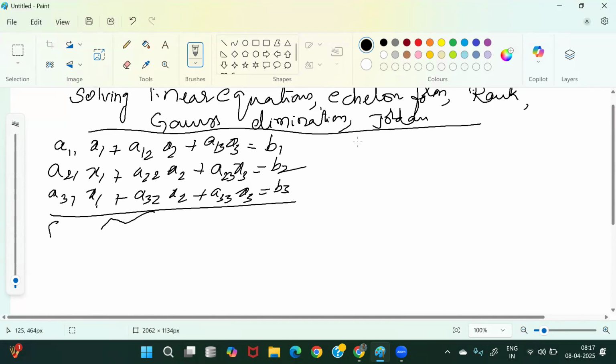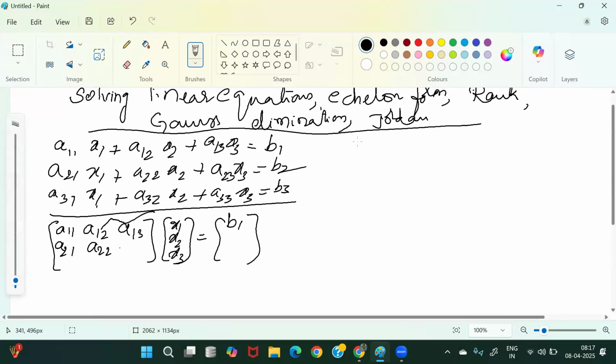Expressing them as a system of matrices: a11 into x1 plus a12 into x2 plus a13 into x3 is equal to b1. Similarly, a21x1, a22x2, a23x3 is equal to b2. a31x1, a32x2 plus a33x3 equal to b3.